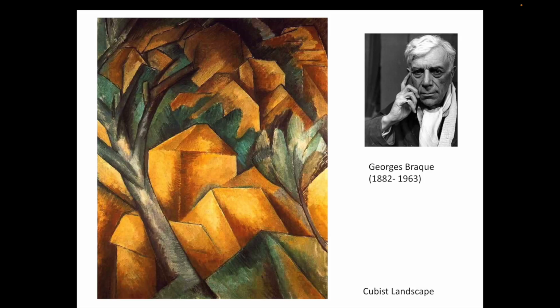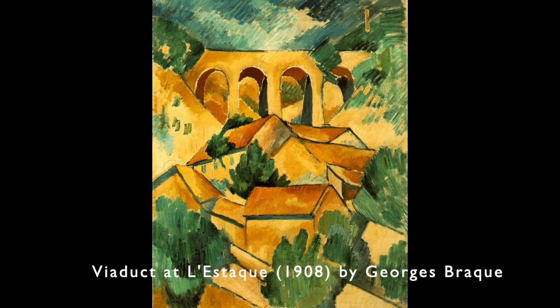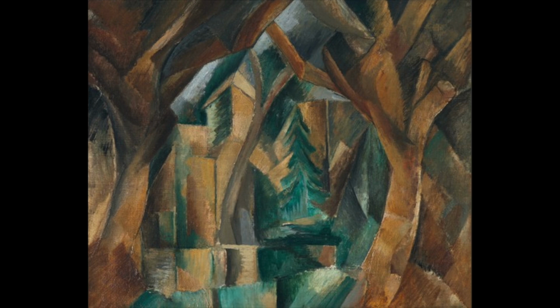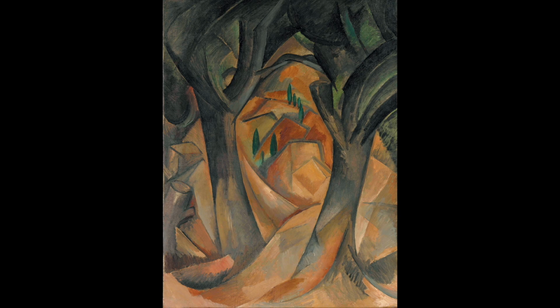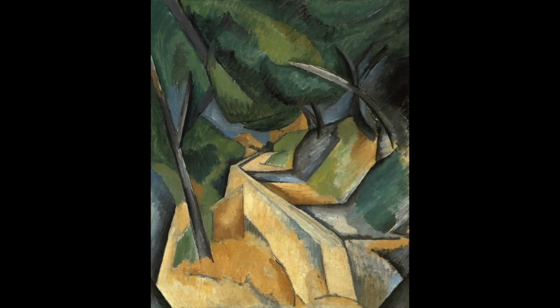George Braque, considered by many to be the father of Cubism, had several of his paintings rejected by the Salon de Toulon. The art critic Louis Vauxcelles coined the term Cubism in 1909 after the famous painter Henri Matisse described Braque's paintings as entirely made up of little cubes. Look at some of these landscape paintings, so angular and rhythmic.